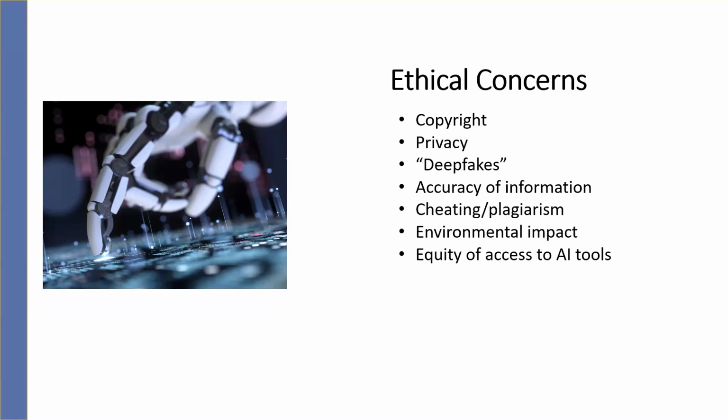For example, if I am an artist and I have a very distinctive style, and images of my work are fed into an AI tool, somebody can come along and make a new piece of art in my style.